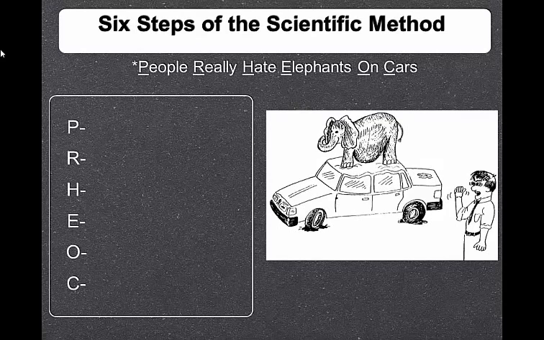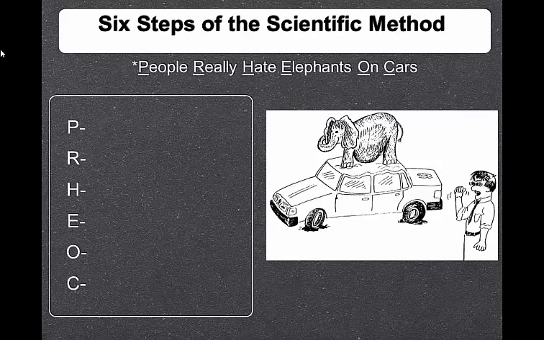All right, so we are going to learn that there are 6 steps to the scientific method. Now, like I said, there are other ways to phrase these, and sometimes they're not in this order, but for us, we're going to say there are 6 steps, and you're going to have to memorize the names of them. But luckily, we have a way to help you remember those.